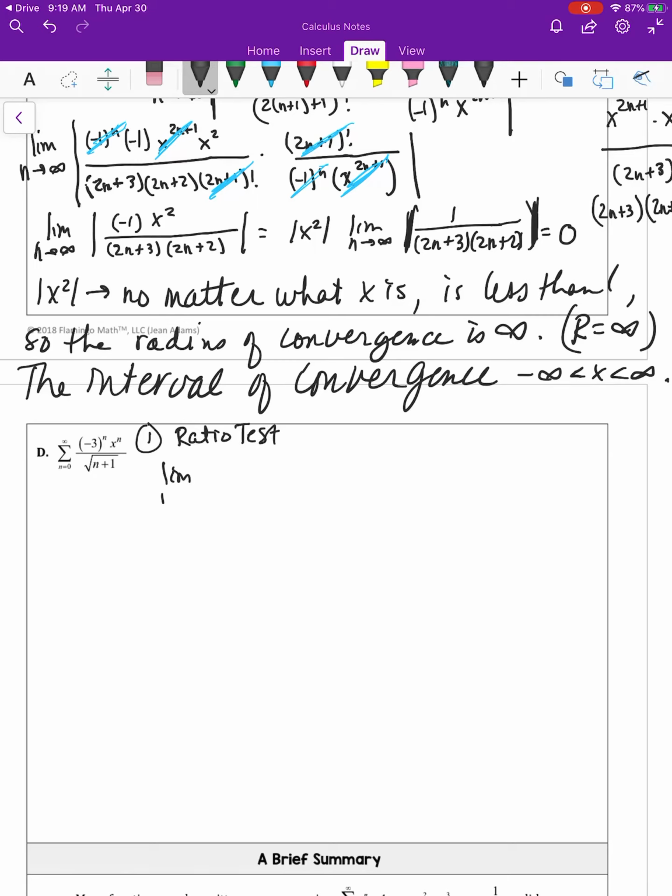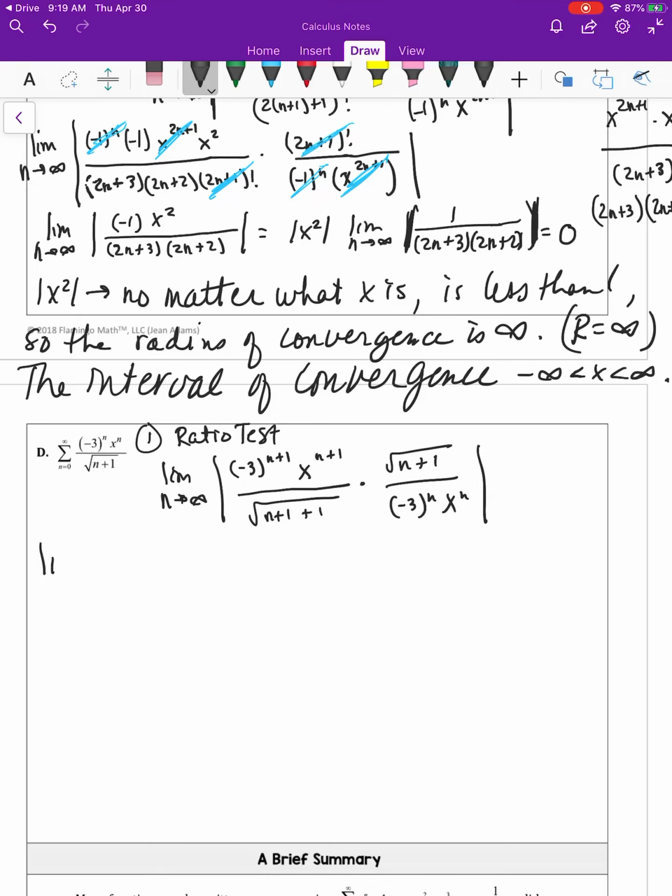Summation n equals 0 to infinity. We're going to first use our ratio test. And we're going to say the limit as n goes to infinity, absolute value, this is going to be negative 3 to the n plus 1 times x to the n plus 1 over the square root of n plus 1, and we're going to multiply by our reciprocal.